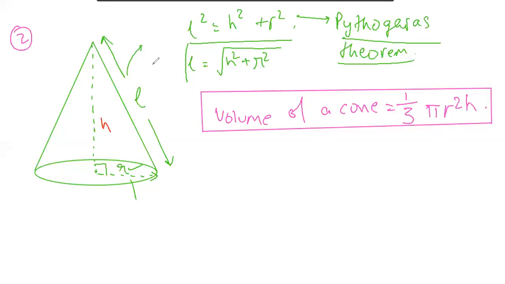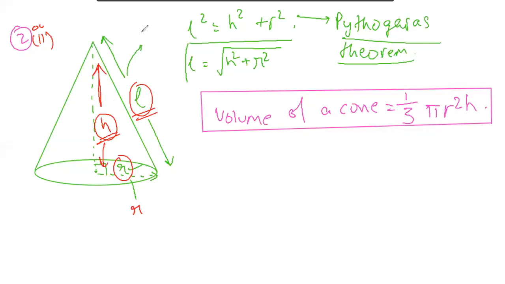So this is the second part of the second question, and this is the H, this is R, and this is the L. L is slant height. So by the question, slant height is given and height is given, whereas R is not given. So R we'll assume as R.